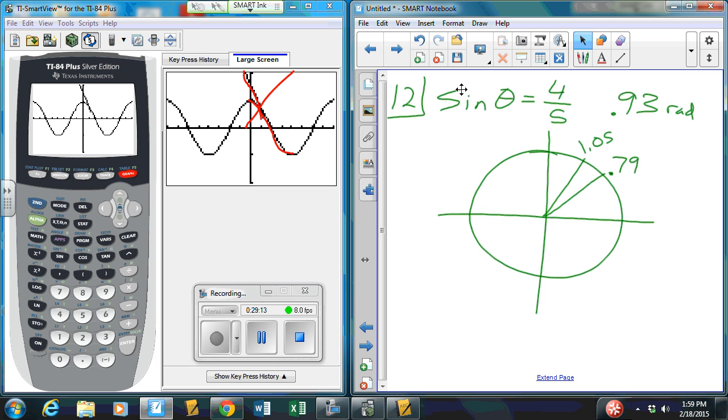Okay, so 0.93 is somewhere in between, close to 1.05, right? So the angle of rotation is this blue angle right here. I rotated that far. So there's one of my answers. 0.93 is one of my answers.